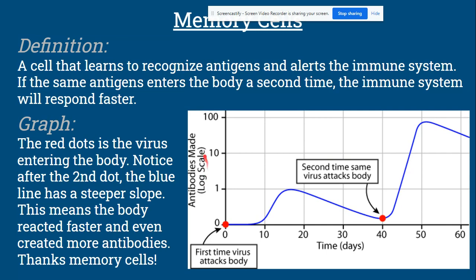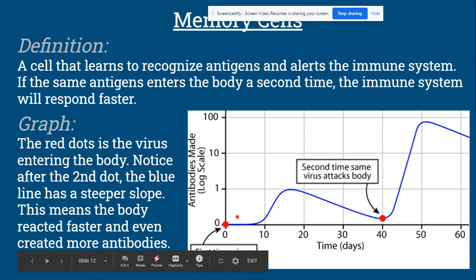When it says log scale, it means logarithmic. We don't have to really get into that, just to give you some sort of scale for how many antibodies we're talking about. This red dot that I'm circling is when the virus enters the body.